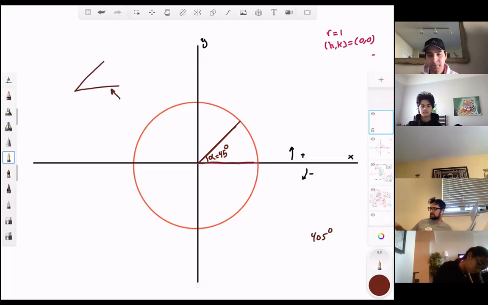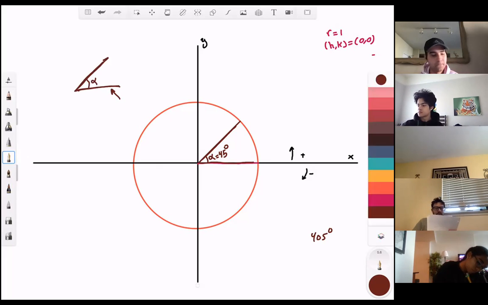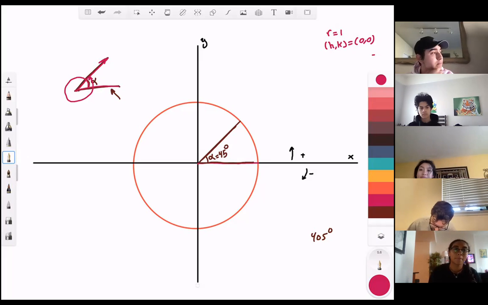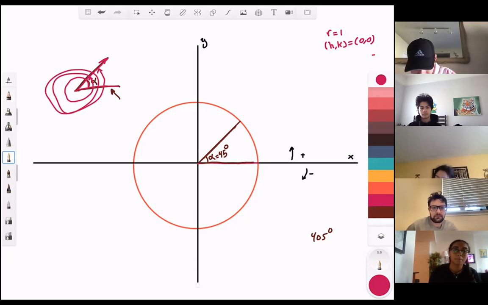We said this is the initial side, that's the terminal side. This is alpha. Now, if I go 360 and back to this, I will end up having the same terminal side, correct? As long as my terminal side is the same, then it will be coterminal. So it will be 405. And we can have as many as you want as long as you stop here. Cool.